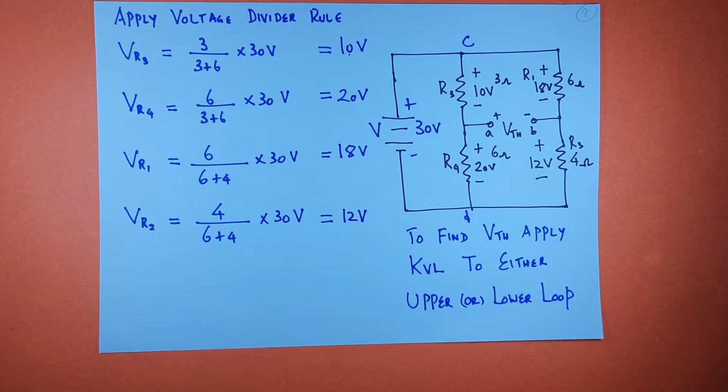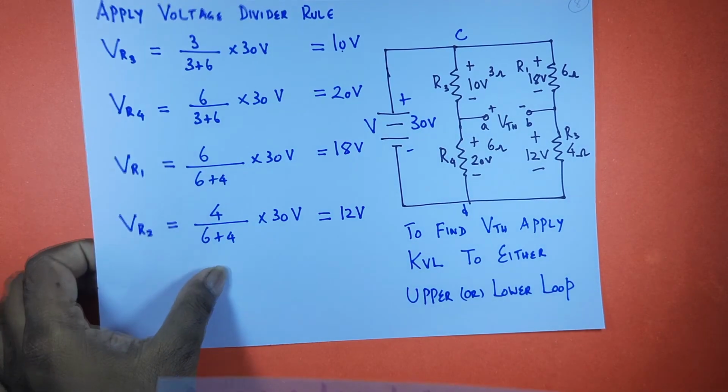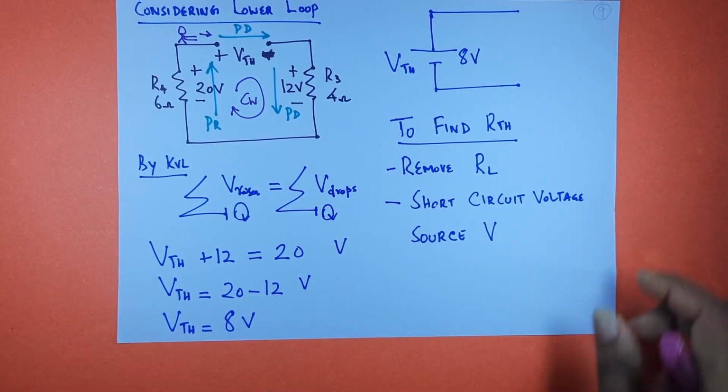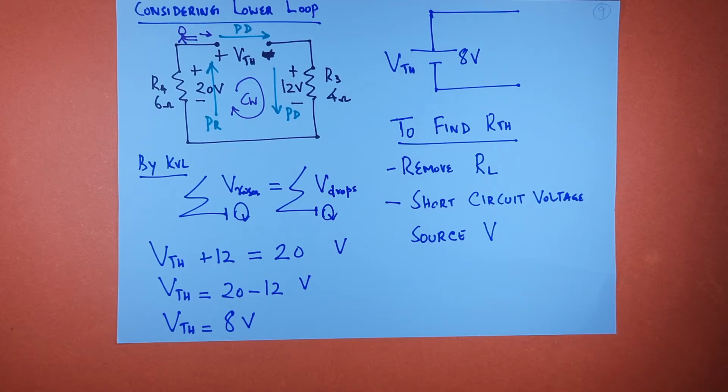You can choose any loop, either the upper loop or the lower loop, and apply Kirchhoff's voltage law to get the VThevenin. I have taken the lower loop, but you can take the upper loop and apply Kirchhoff's voltage law and see whether you get the same answer.